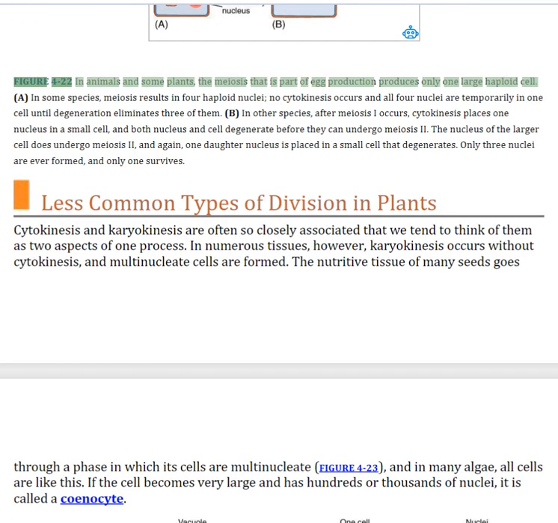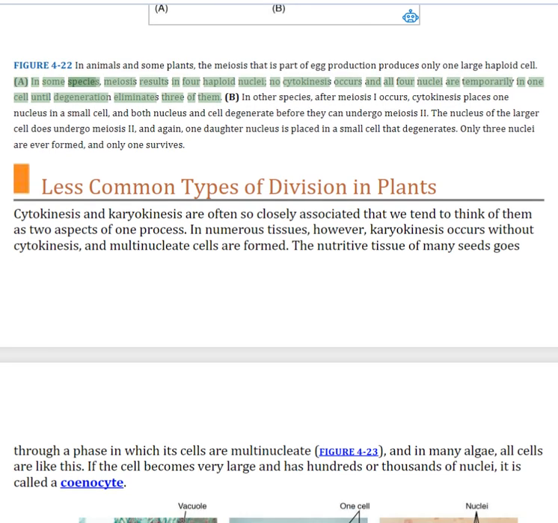Figure 4.22. In animals and some plants, the meiosis that is part of egg production produces only one large haploid cell. In some species, meiosis results in 4 haploid nuclei, no cytokinesis occurs and all 4 nuclei are temporarily in one cell until degeneration eliminates 3 of them.